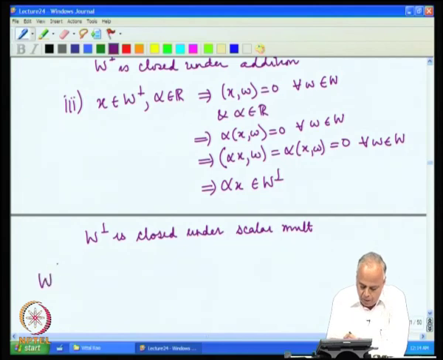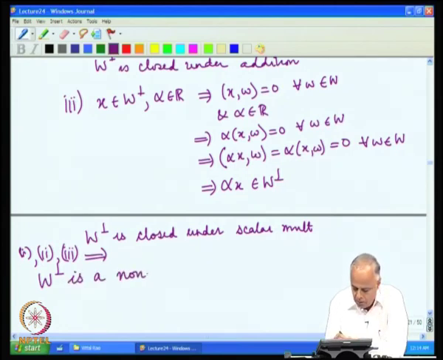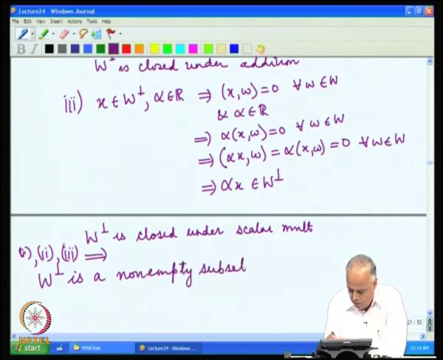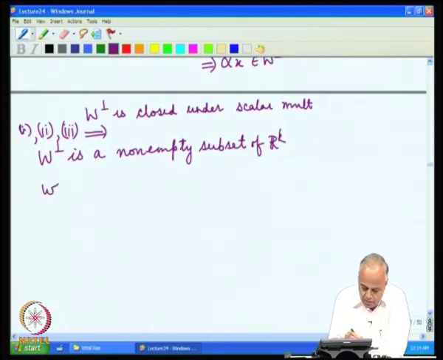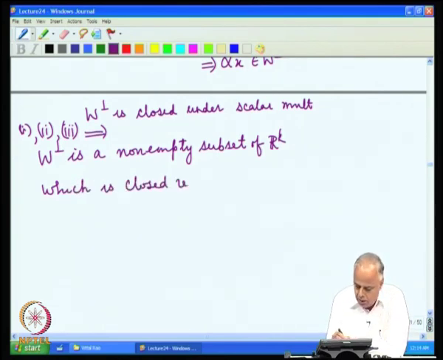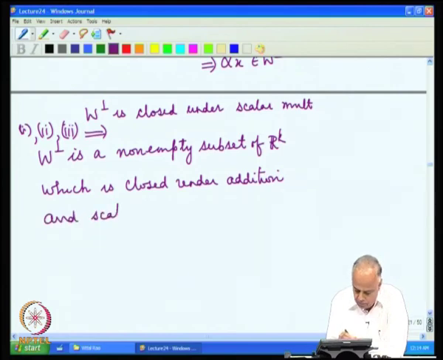So, from 1, 2, 3, what do we get? First one was non-empty, second one was closed under addition, third one was closed under scalar multiplication. So, W perp is a non-empty subset of R^k, which is closed under addition and scalar multiplication.